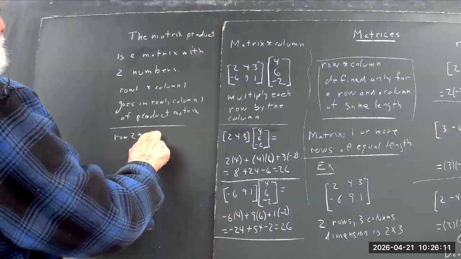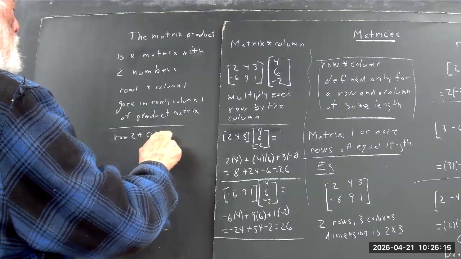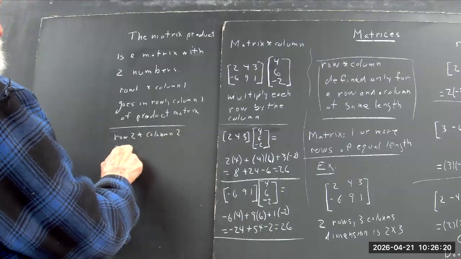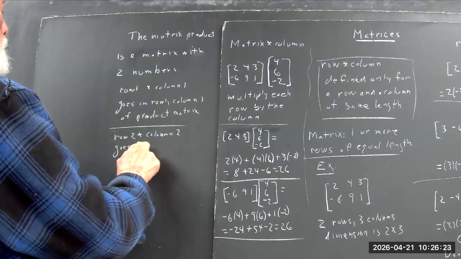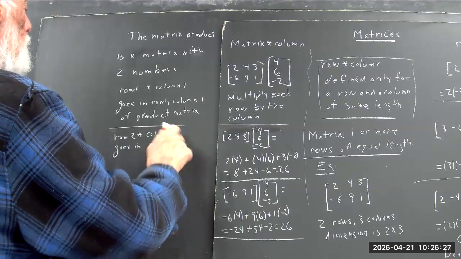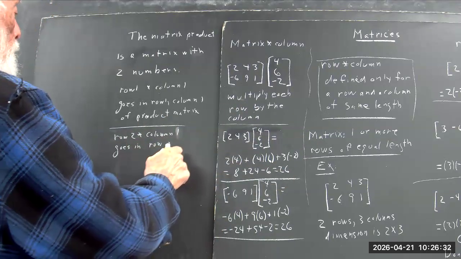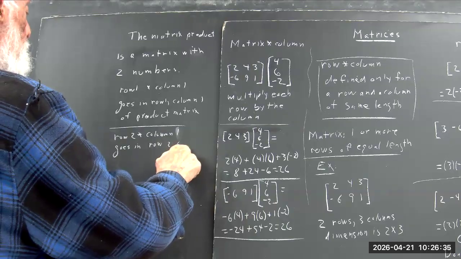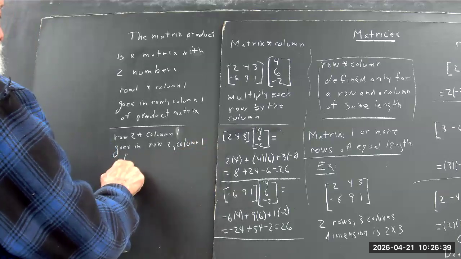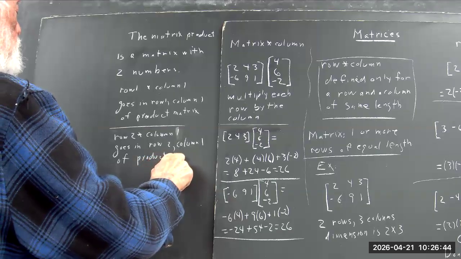Row two times column two, and it's not times column two, it's times column one. There's only one column. Row two times column one goes in row two, column one of the product matrix.